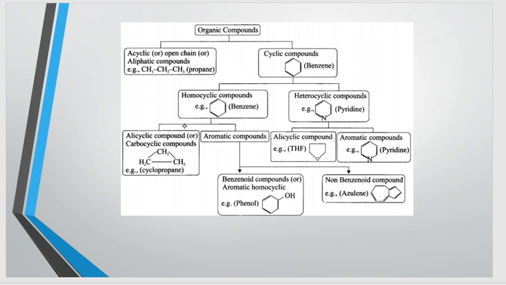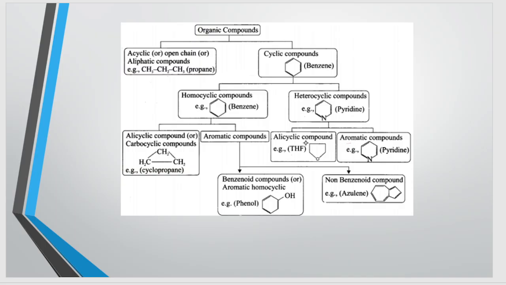Now, homocyclic compounds are again of two types: benzenoid aromatic compounds and alicyclic compounds. Okay. Now, heterocyclic also has two types: alicyclic and aromatic. Aromatic means benzene type compound.